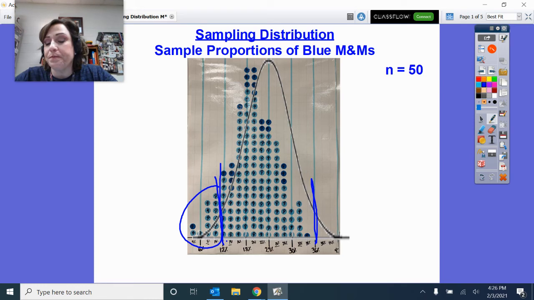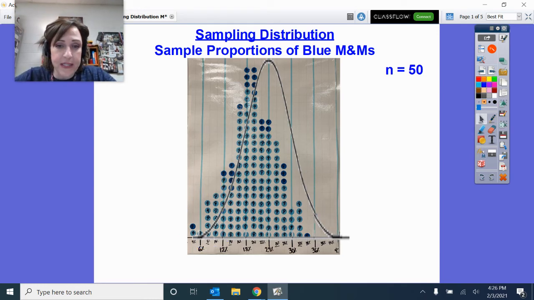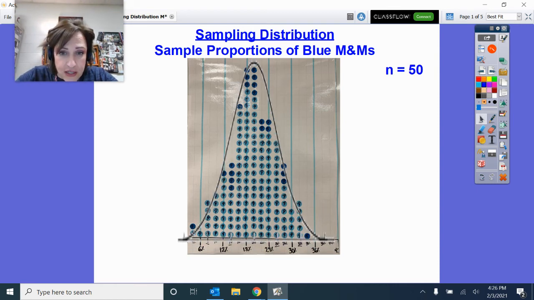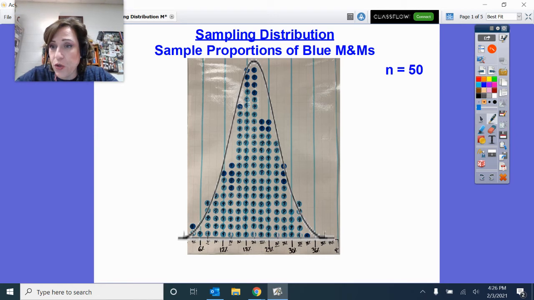And now also, let's see what would have happened if our data is centered at 20%. We actually would have also had some outliers. Here is the 2 standard deviation line for if they came from Tennessee, here and here.